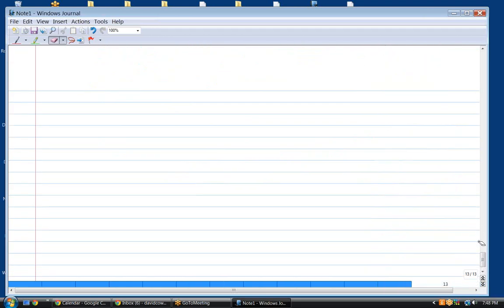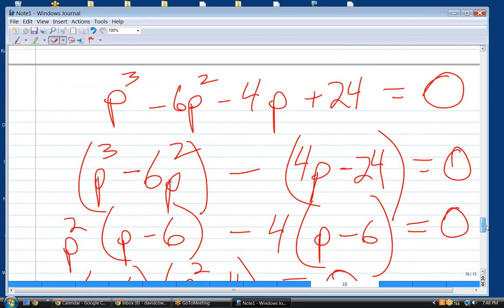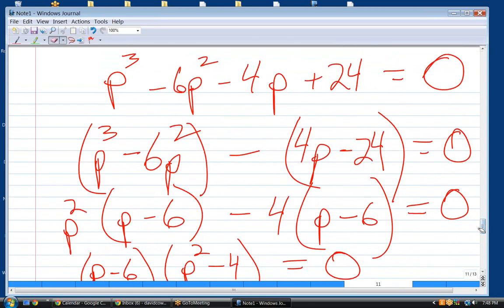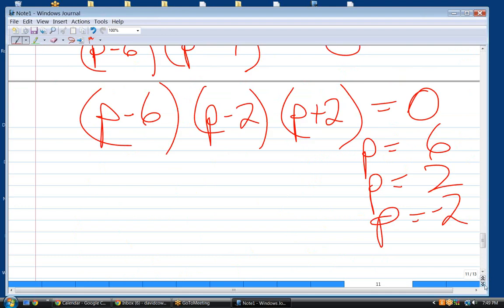As opposed to these cubics, believe it or not, you would not have to know how to do this problem on the ACT test. Okay. They don't give you grouping. They don't give you cubics to factor. That's above the level. So you're getting stuff right here that's harder than any problem you'd get on those tests. Okay.